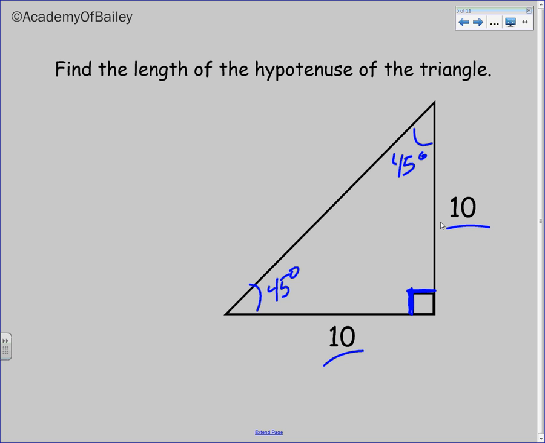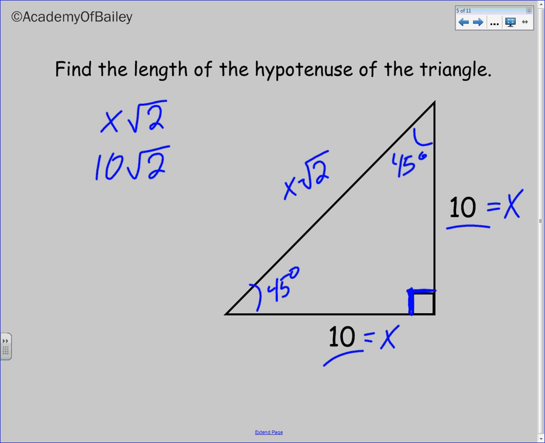So it's a 45, 45, 90-degree triangle with the legs equaling x, and this equals x times the square root of 2. So we just substitute in x times the square root of 2. You plug a 10 in there. You can't really simplify anything, so the hypotenuse is 10 times the square root of 2. Sort of like plugging it into the Pythagorean theorem.